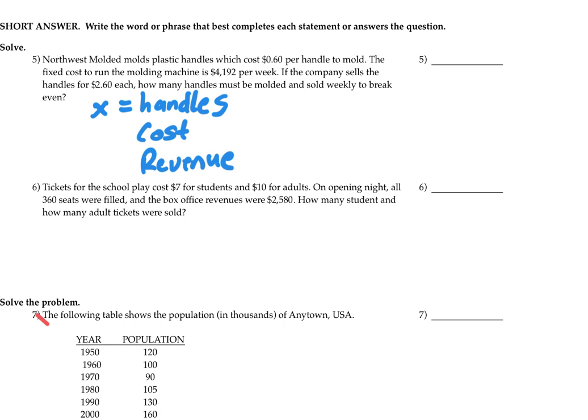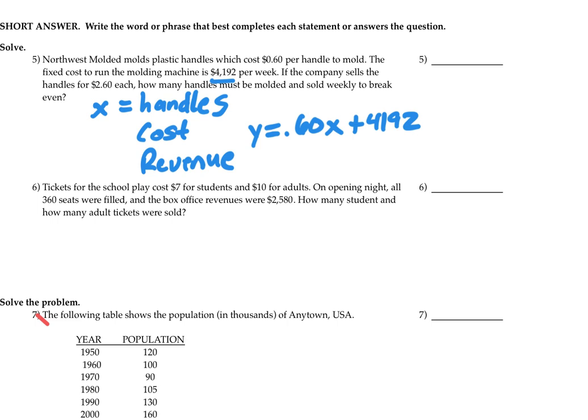It costs them 60 cents per handle. And then it's also going to cost them $4,192 per week. Okay, but we're just looking at the cost per week. So that's a one-time cost each week. That's how much it costs to run the machines, maybe pay their workers, whatever that is.